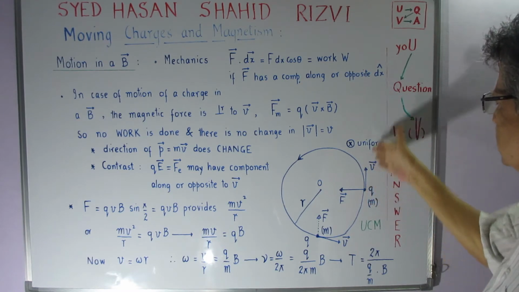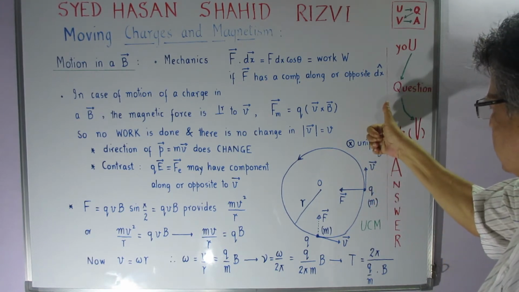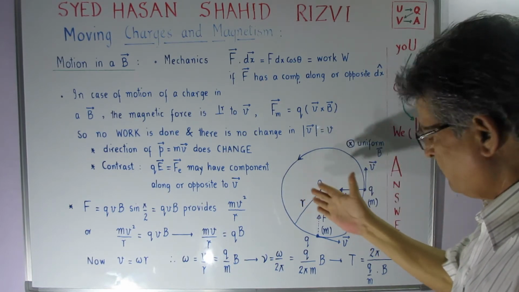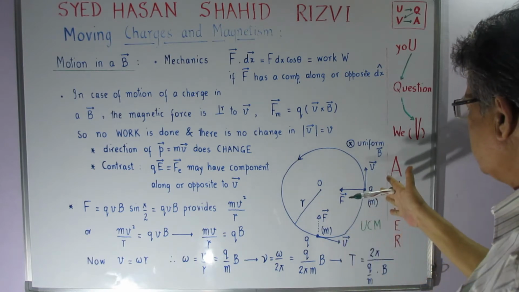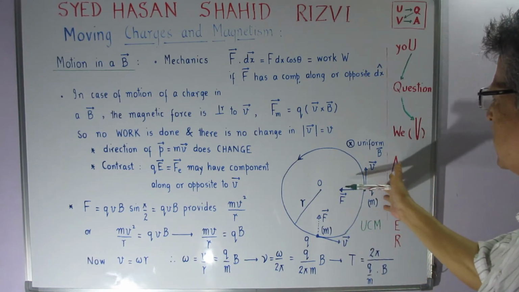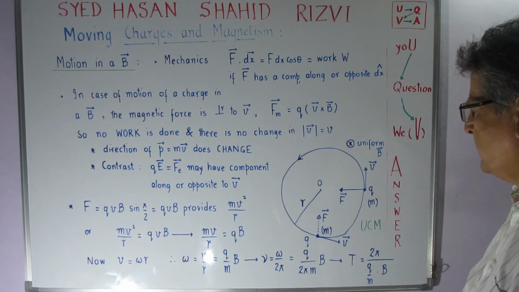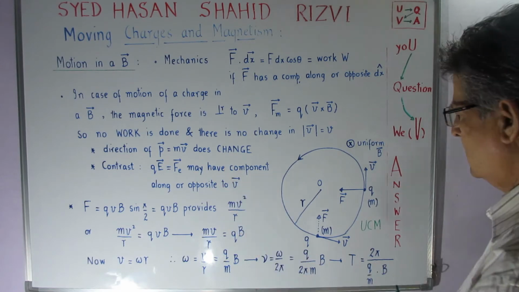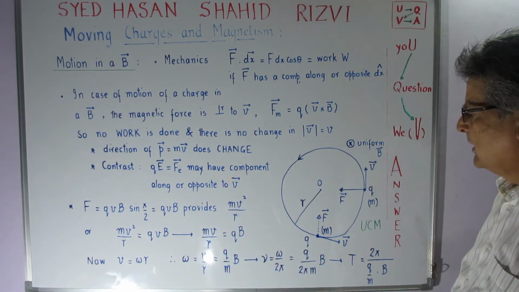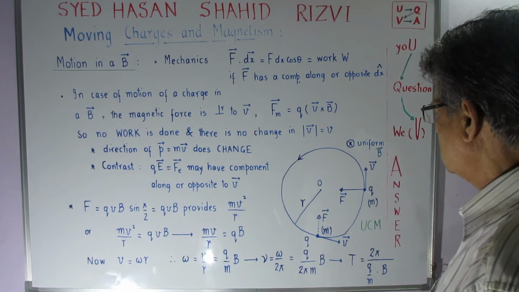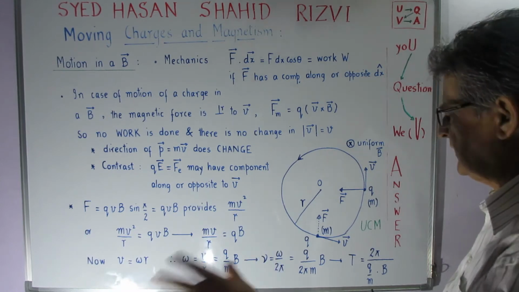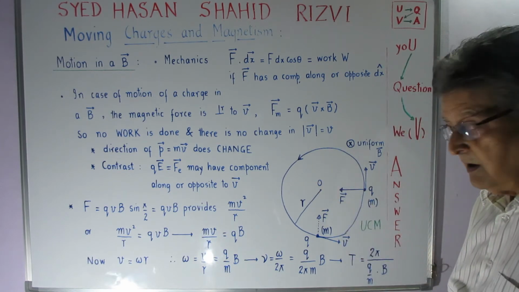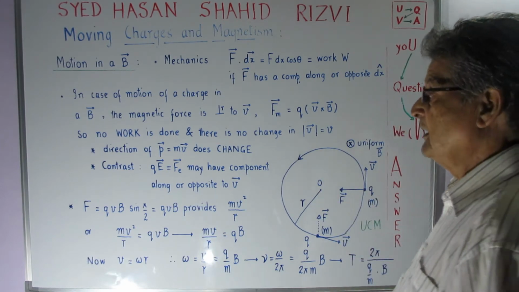My thumb gives the direction of the motion of the charged particle, and then the pushing direction of my palm will give you the direction of the force. So this is the open palm rule which I subscribe to. It is not like the rule that we come across which is called the left hand rule. The same result is obtained, but you must be able to say which is right and which is left hand.